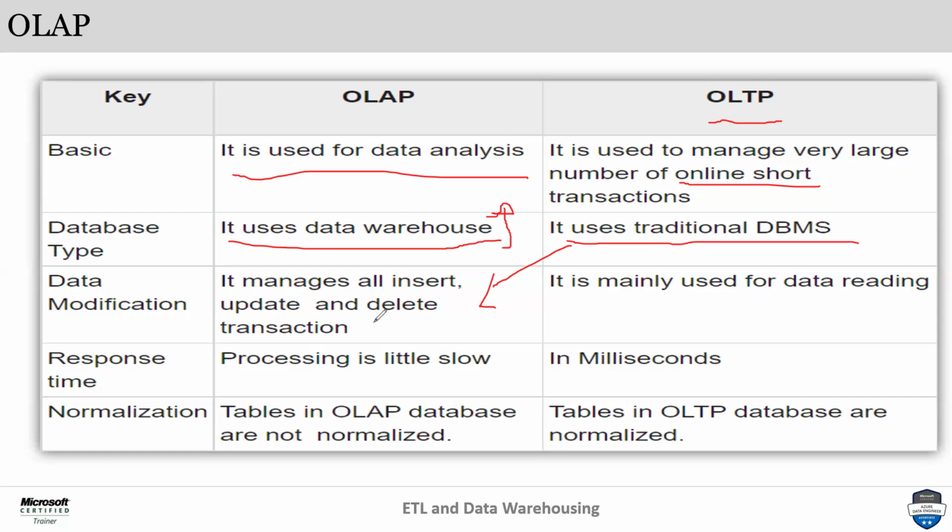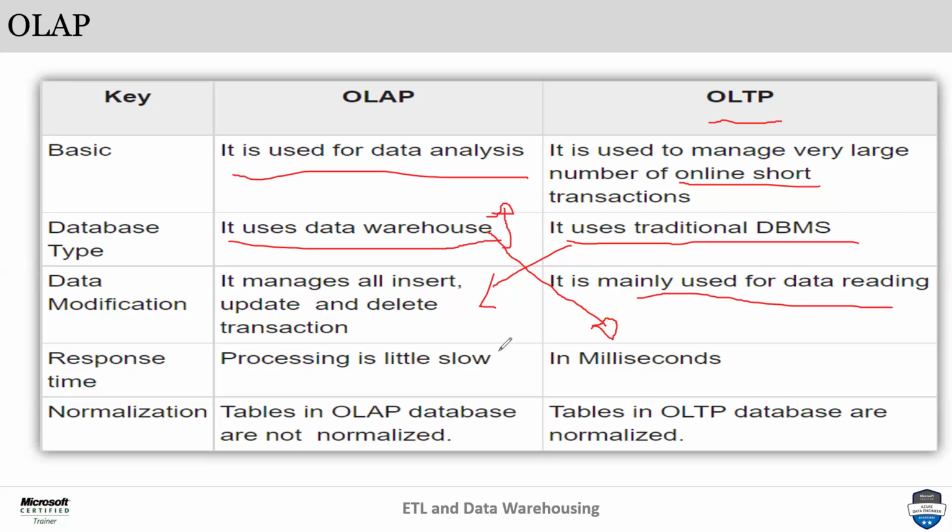If a customer wants to get out and close the transaction, then a delete will happen. Suppose a new customer joins, then an insert will happen. So usually in OLTP, inserts, updates, deletes happen. In the OLAP, there won't be any transactions; you just keep adding the data. That is the reason it's used mainly for data reading and data analytics.